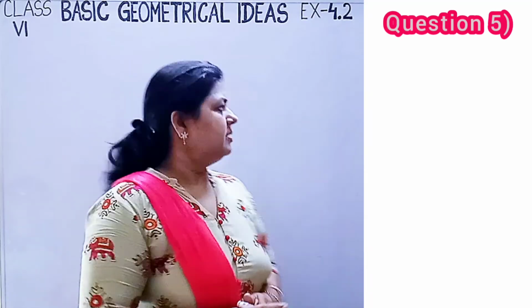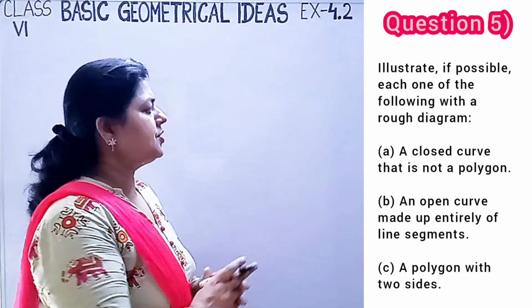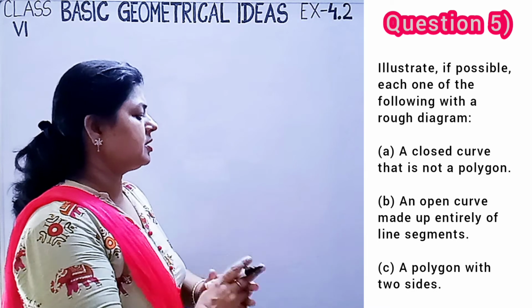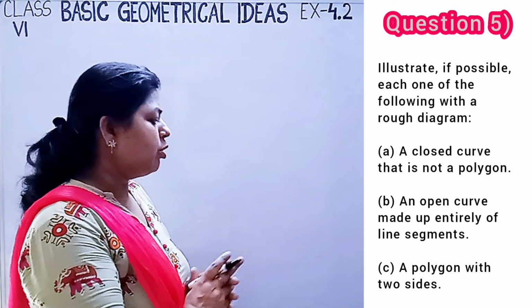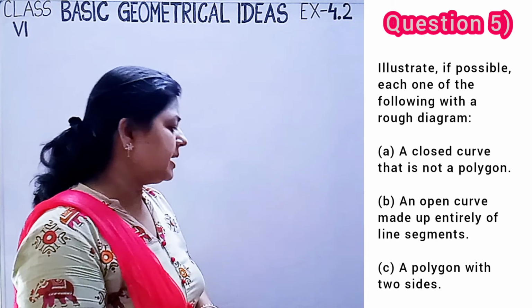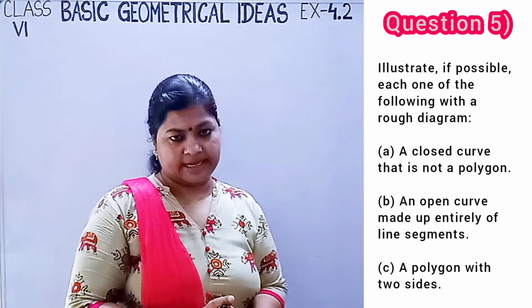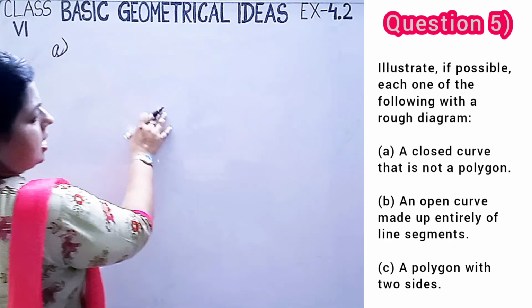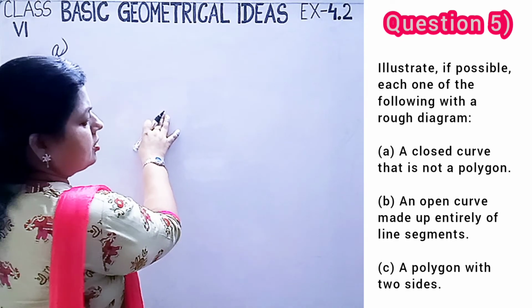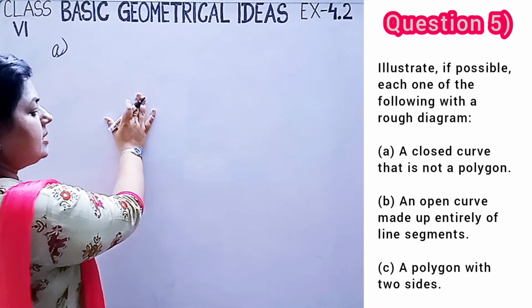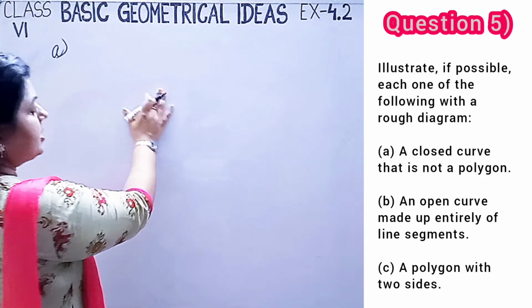Question number 5. Illustrate, if possible, each one of the following with a rough diagram. A. A closed curve that is not a polygon. B. An open curve made up entirely of line segments. C. A polygon with 2 sides. A part. A closed curve that is not a polygon. So here we have to draw a closed curve, but this curve should not be a polygon.